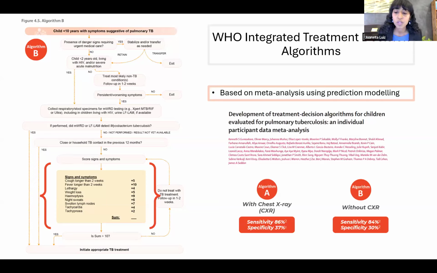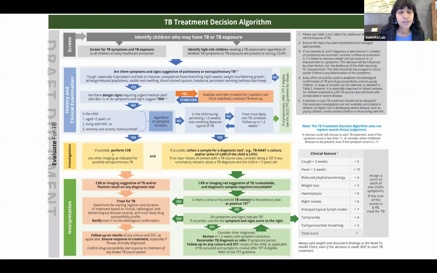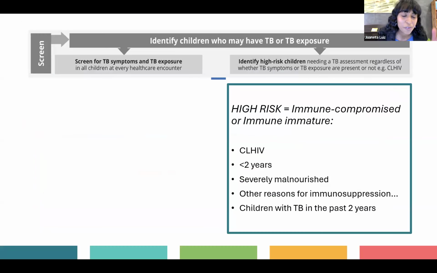You can keep that in mind when you look through the algorithm itself. The point of having these is that this sort of tool helps you to ask the right questions and do the right investigations timeously, and have some guidance to get to an answer for whether to treat or give prevention or follow up. Okay, so I'm going to go from the top down, and obviously we start with screening.